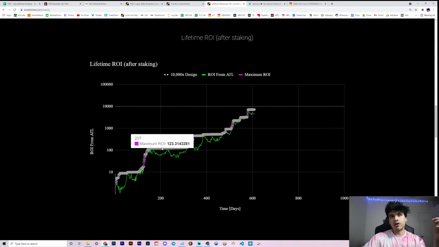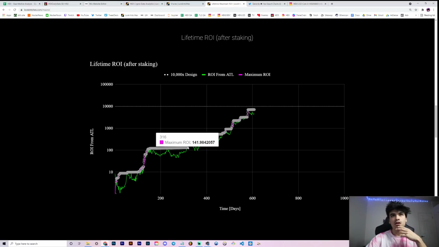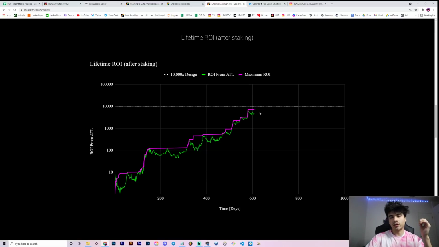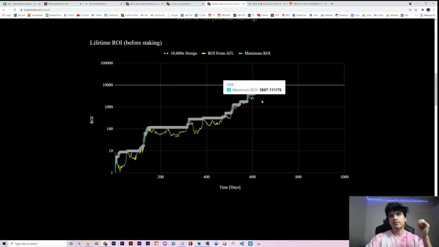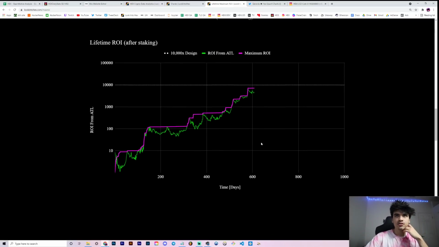The maximum ROI provides a ceiling, and the running ROI gives you a visual idea of how we reached that ceiling and why it took so long until it bumped back up, because it's basically until we cross our all-time high. This pink curve only increases when we cross our all-time high. Same with over here. These ceiling functions only increase when we cross into new all-time high territory.